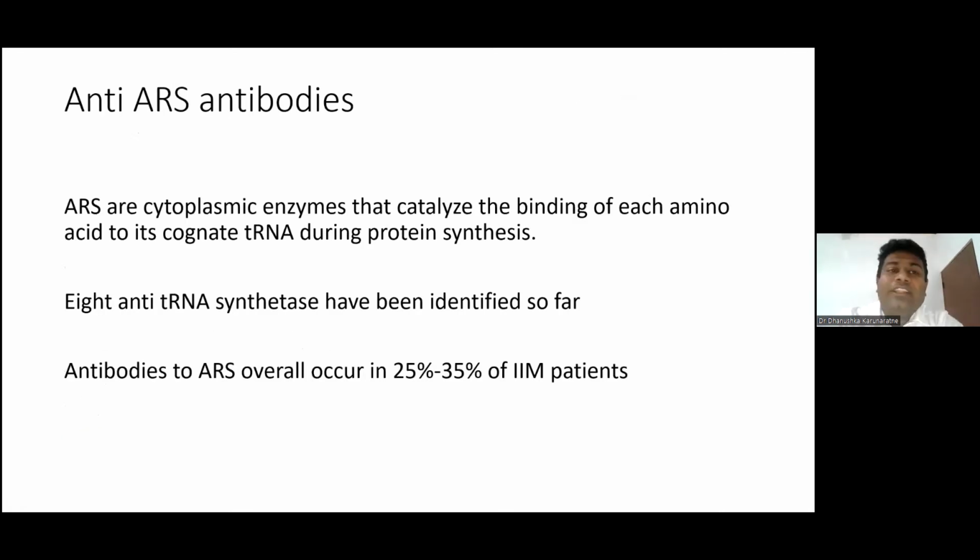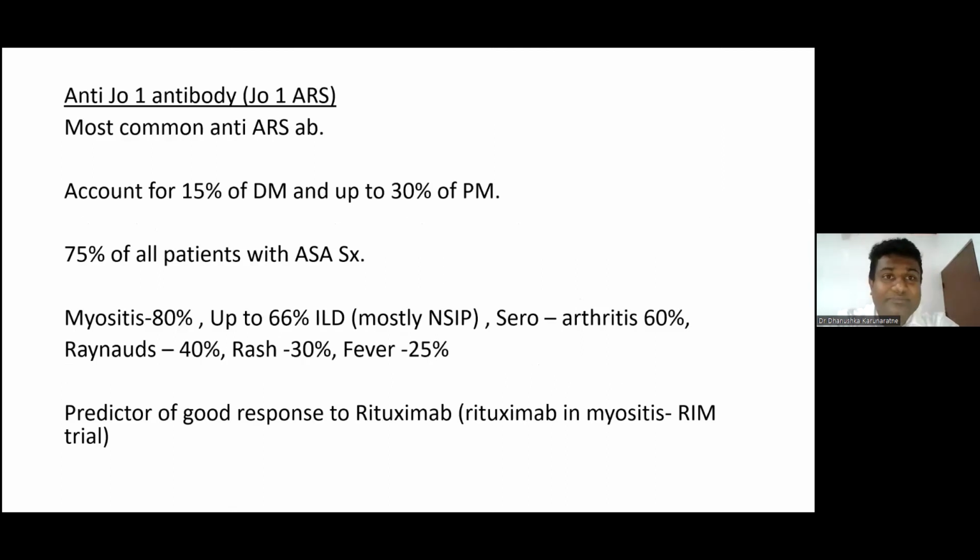And talking about the anti-synthetase antibodies or anti-ARS antibodies, they're cytoplasmic enzymes that catalyze the binding of each amino acid to its cognate tRNA during protein synthesis. As I mentioned, 8 tRNA synthetases have been described. Antibodies to anti-synthetase occur in 25 to 35% of patients with autoimmune myositis or inflammatory myositis.